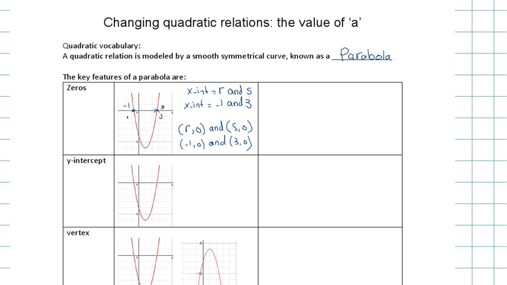So the definition for the x-intercept is where the graph intersects the x-axis.